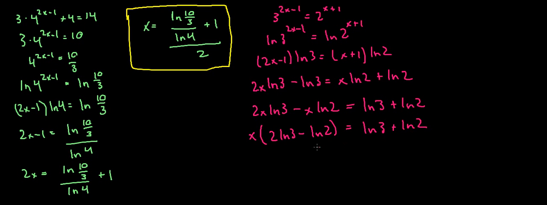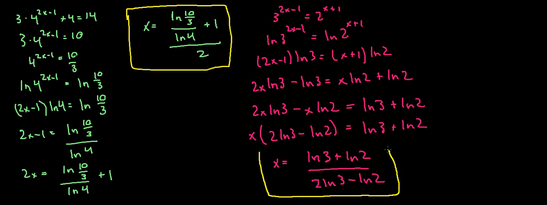Now I divide this term out of this side and I divide it over to the other side, and then I'm left with what my x is equal to. And this is my final solution. And again, if I wanted to find an approximate value for this, I would simply put all of this into my calculator and it will give me an approximate value for it.